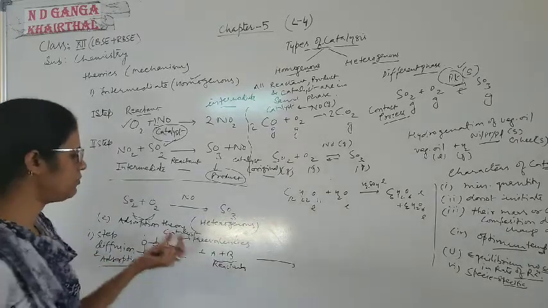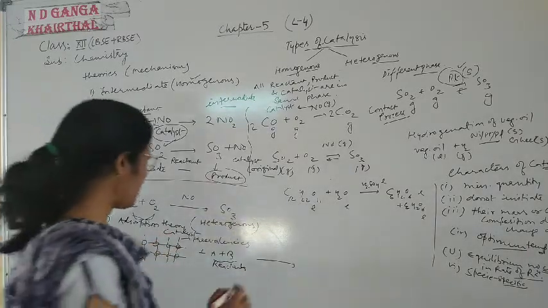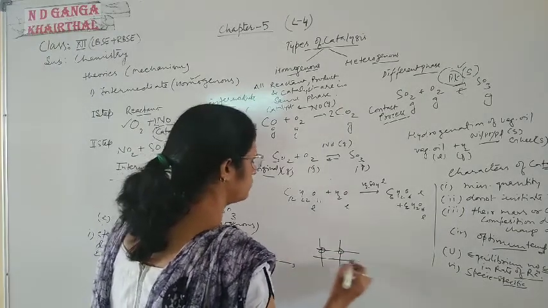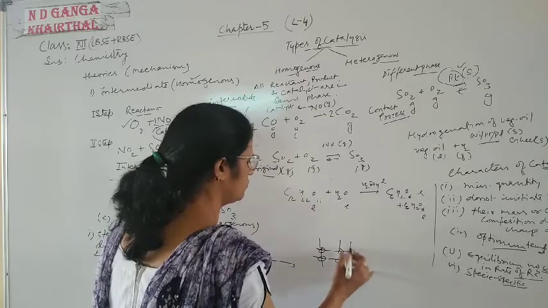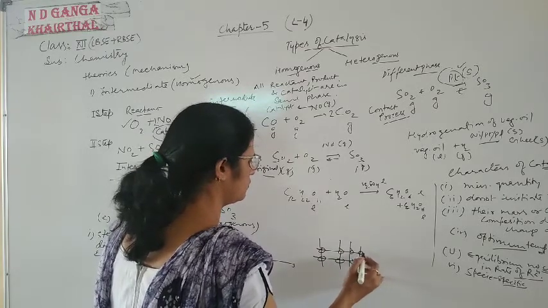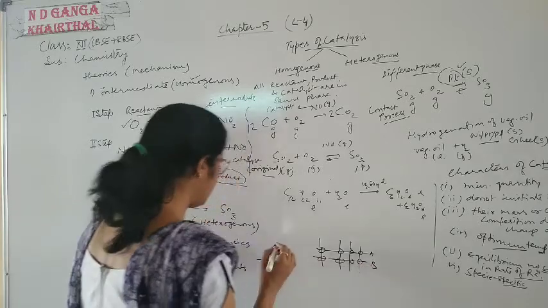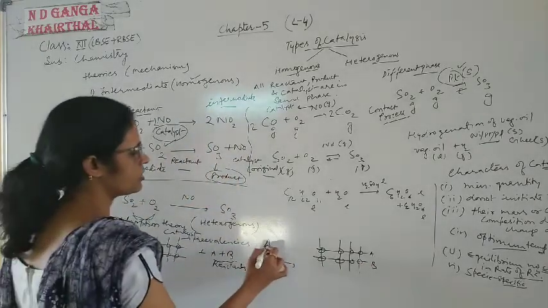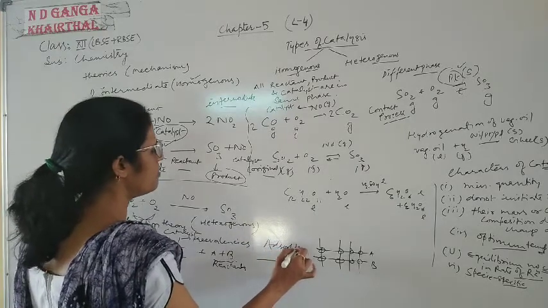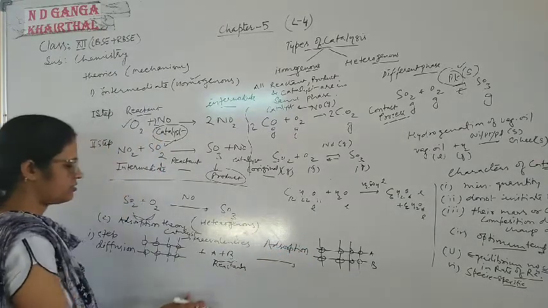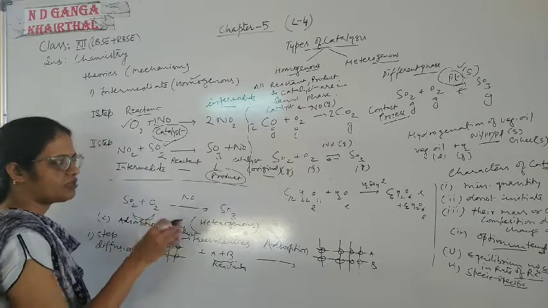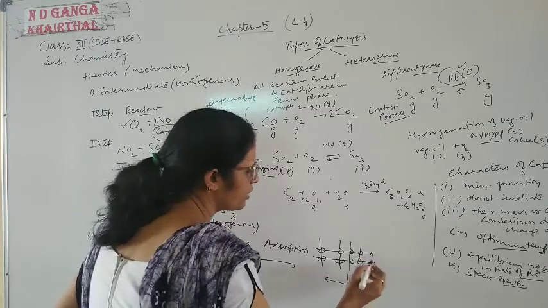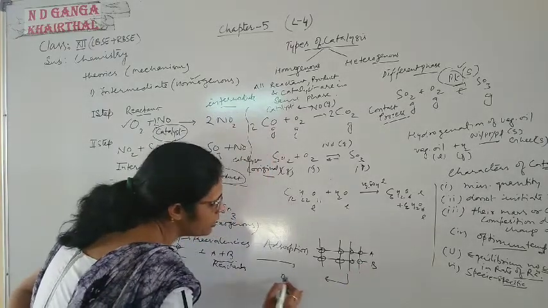Diffusion means they come near the catalyst. Adsorption means reactant adsorbs at the surface of the catalyst, and in the second step, bond formation takes place.